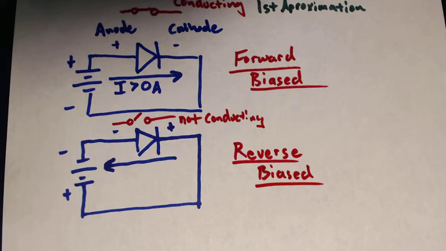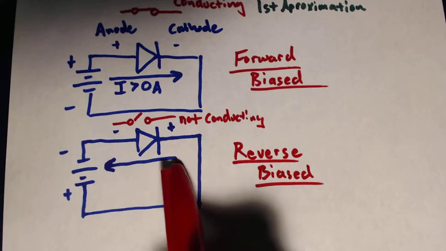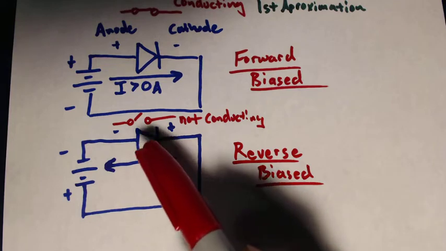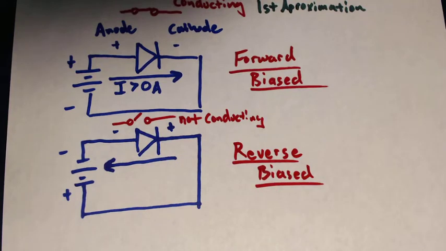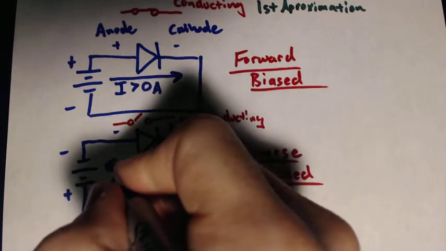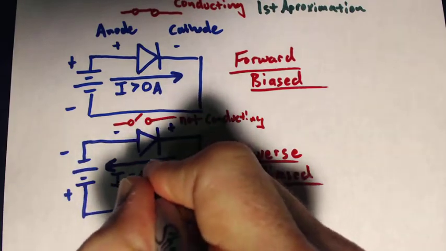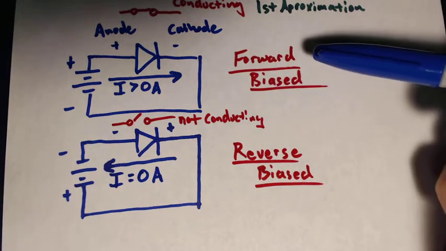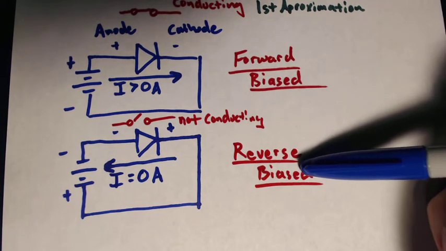Okay, so notice the only thing we changed was the direction of the current. In this direction, this diode is not going to permit current to flow. So in this case, I is now going to be equal to 0 amps. Okay, so here's our forward biased versus reverse biased.